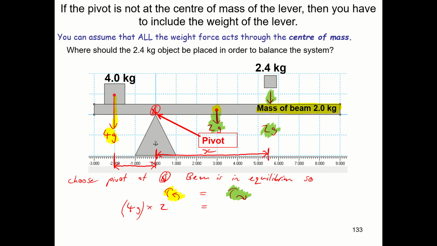Over here, I've got 2g for the weight of the beam. That's my weight force, and that's 3 meters to the middle there.